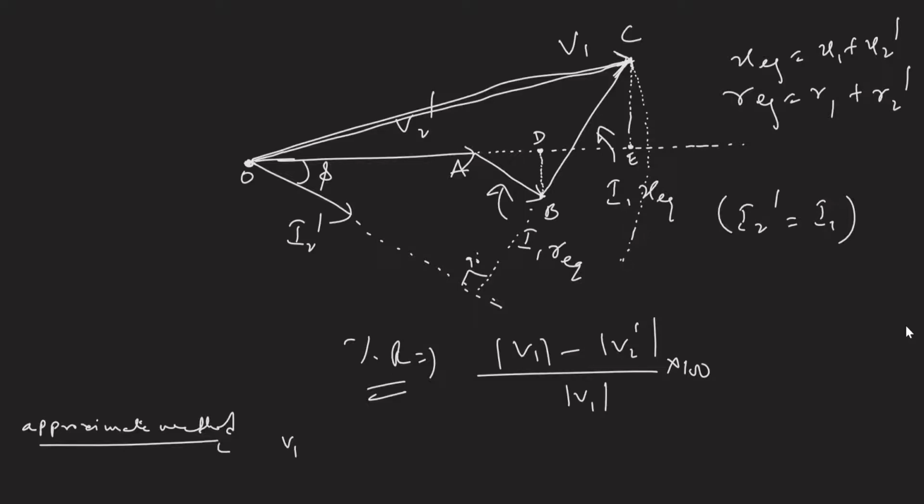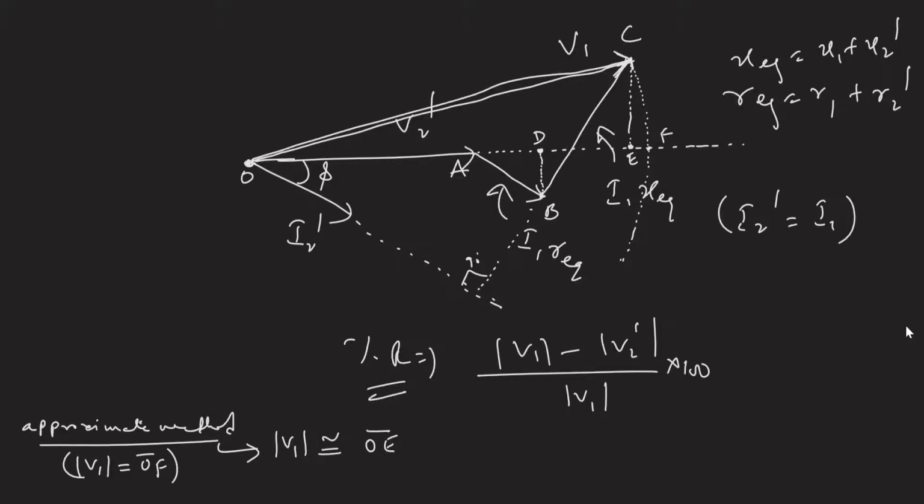Now in the approximate method, I define the magnitude of I1 as approximately the length of the phasor OE. Actually it should be the points O, D, E, F; the magnitude of the vector V1 is actually equal to OF, but I am taking it as OE.